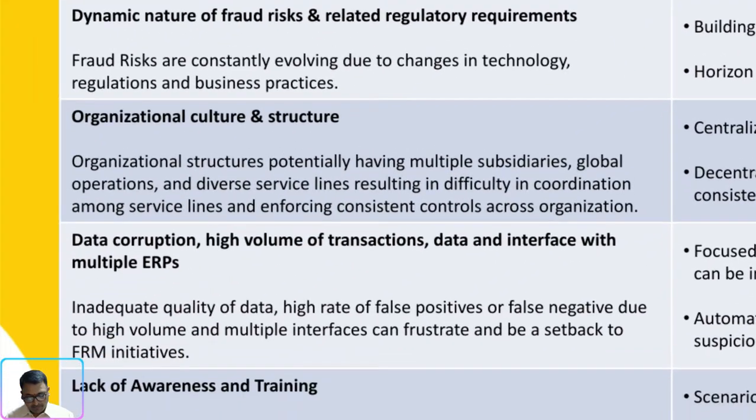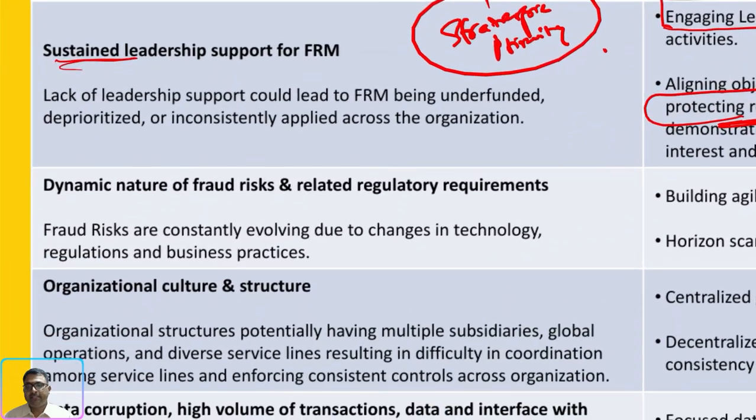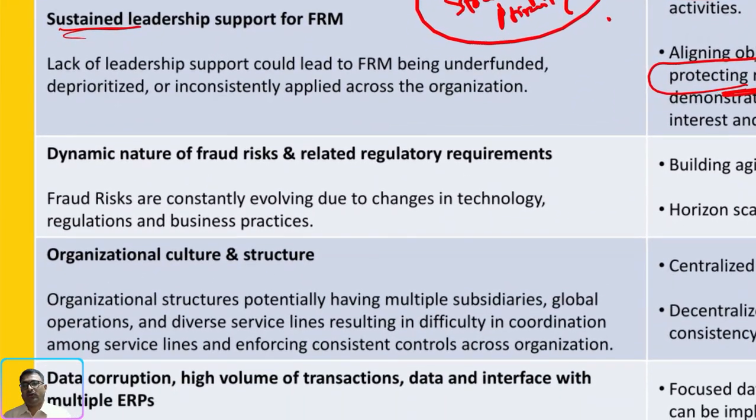The second key challenge that we see is the dynamic nature of frauds and risk. Keep in mind that a fraudster is desperate. He or she will continue to look for weaknesses in the system and will continue to innovate. So the nature of the risk is very, very dynamic.